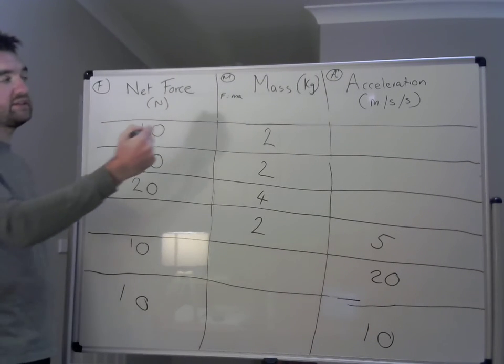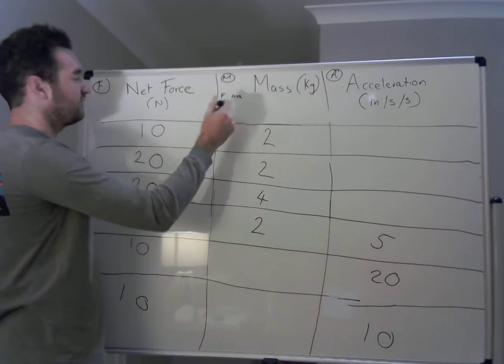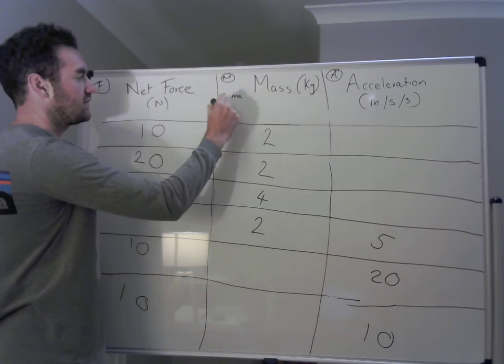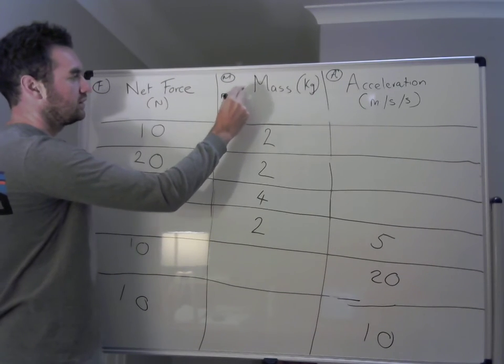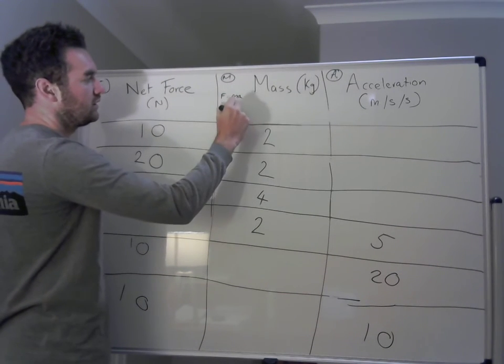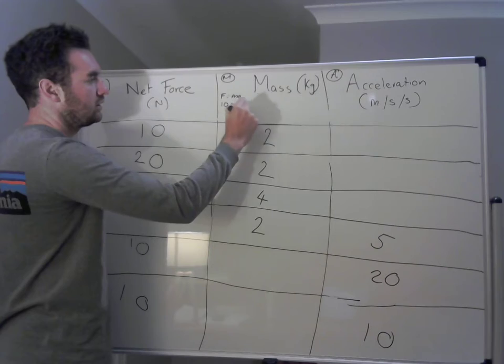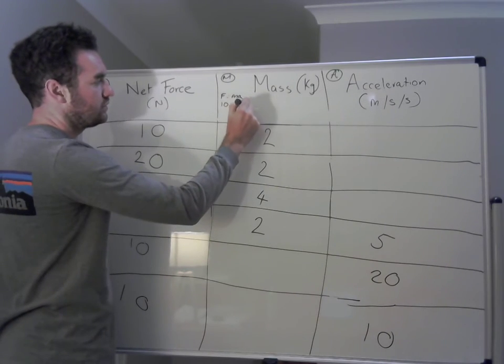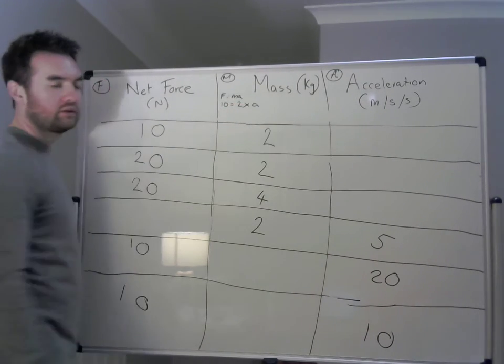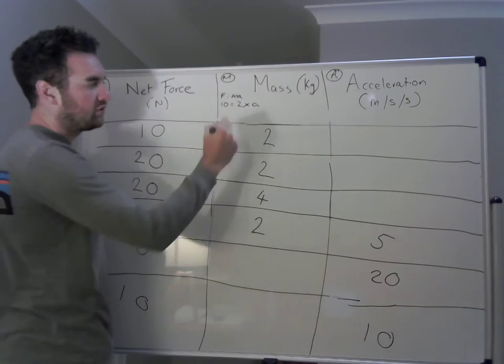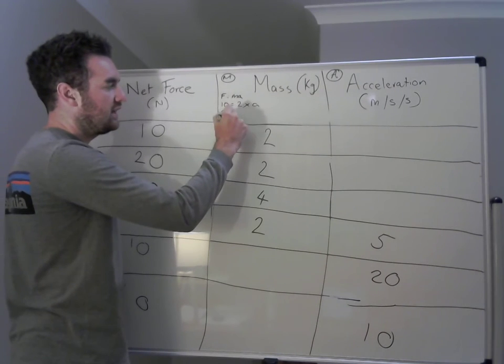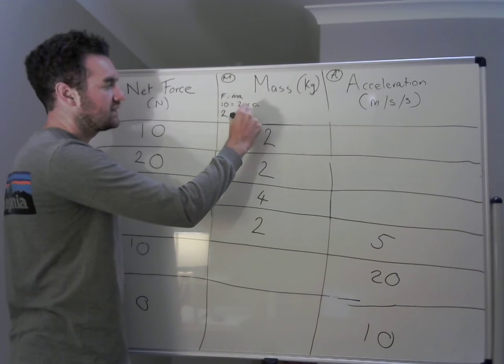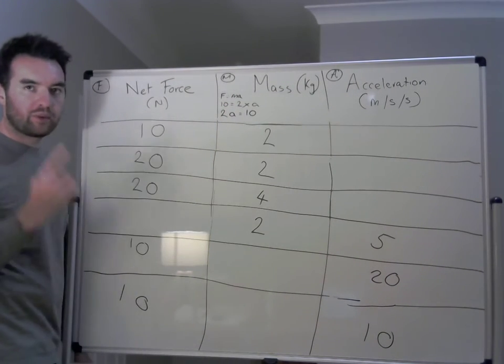Let's just put that into our equation. F equals 10, so 10 equals m, which is 2, and we don't know acceleration, so 2 times a. One way we could write this is 2a equals 10. So how do we work out 1a?